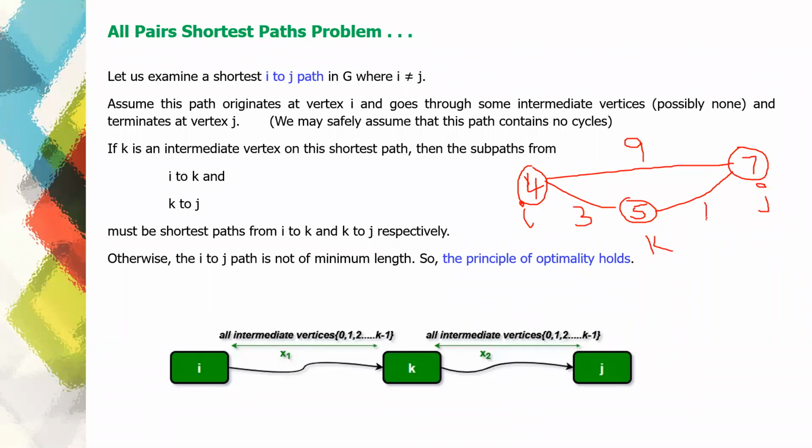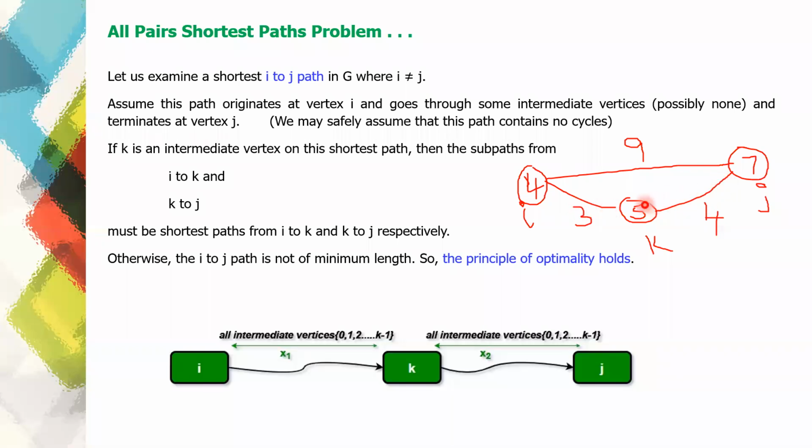The cost of this other path is 3 plus 4, which is 7. And the cost of this path is less than the direct edge. So between 4 and 7, if you have two paths, this path is the shortest path.